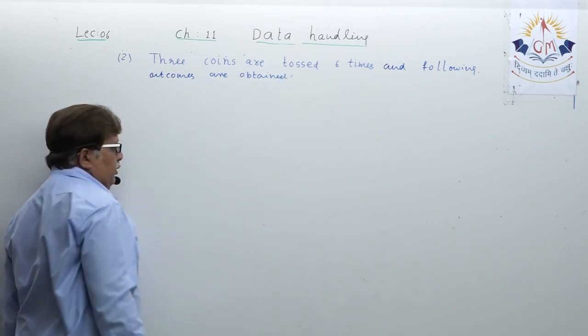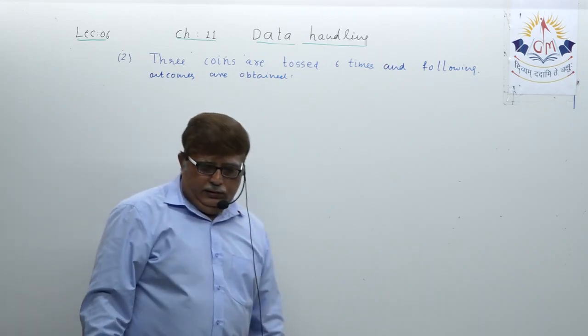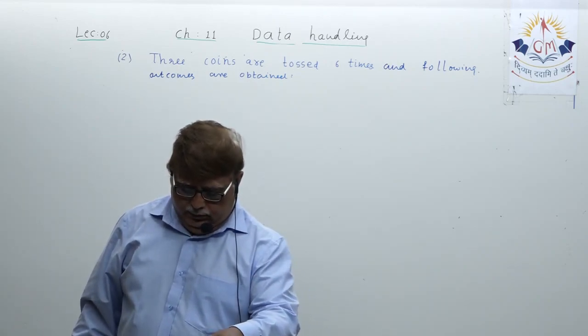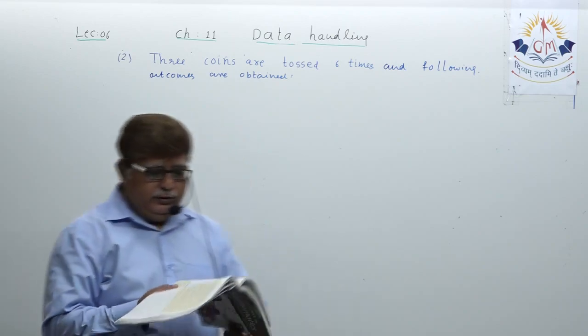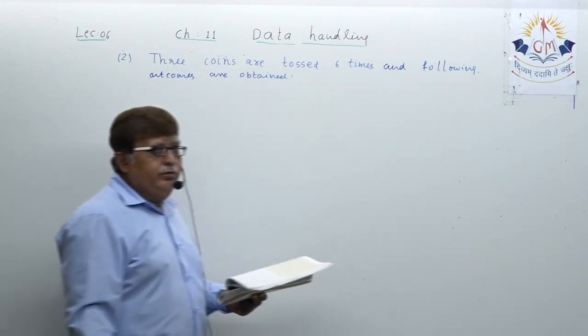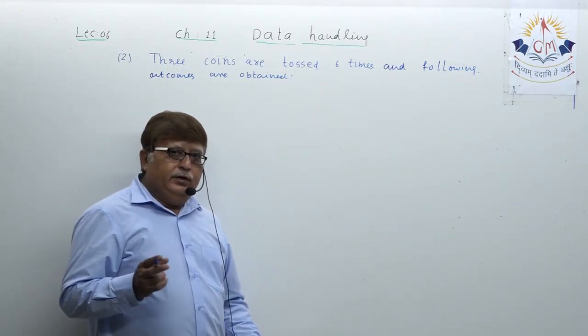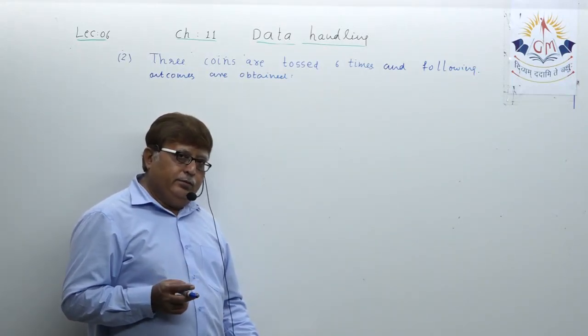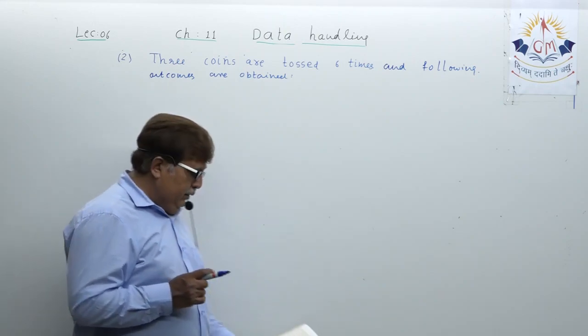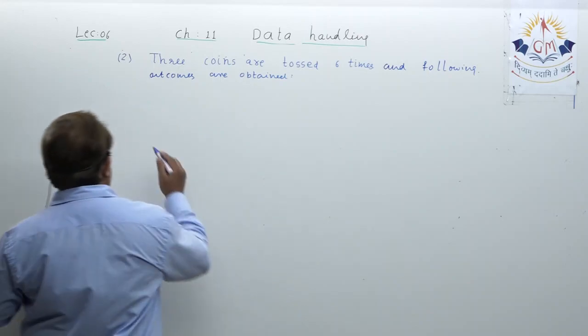We are taking three coins and tossing them 6 times, and the following data is obtained.